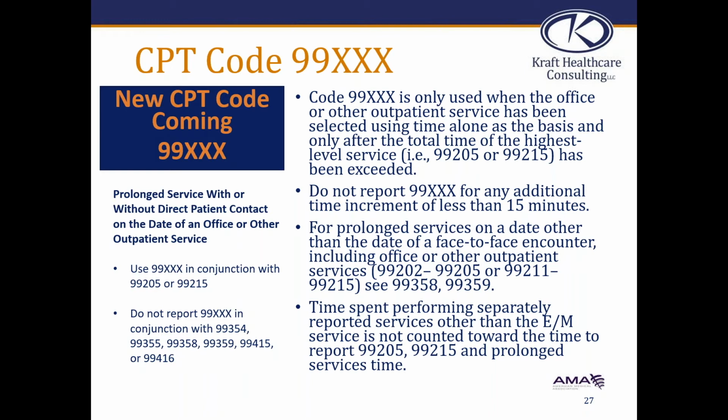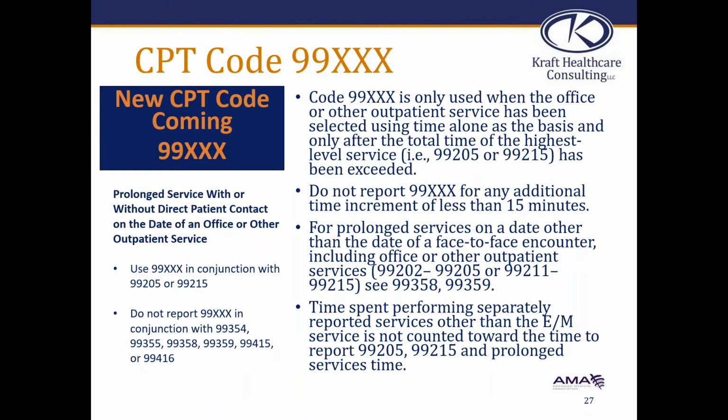It's only used when the office or other outpatient service has been selected using time alone as the basis, and only after the total time of the highest level of service. I have a table on one of the next slides. We'll show you how to use it. But this is used when you are doing that time-based coding. Again, you can't report it for less than 15 minutes.